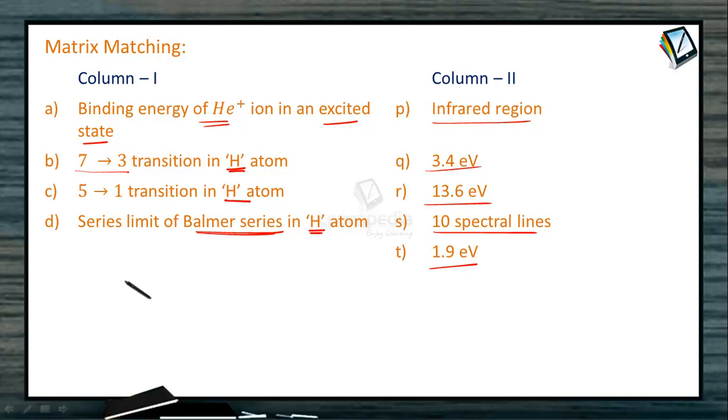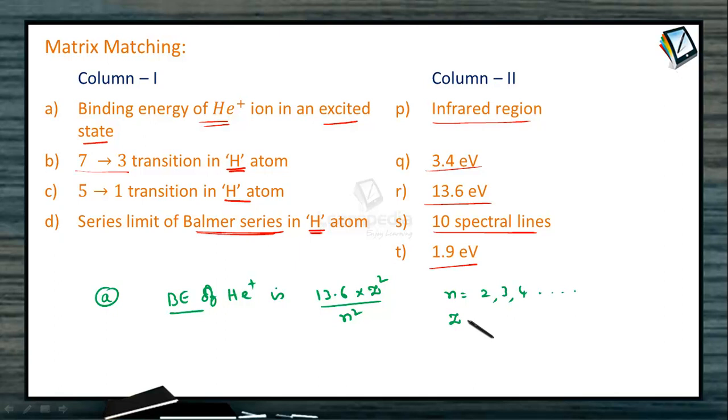So let us take option A, binding energy of helium ion. The binding energy is given by 13.6 into Z square by N square. Binding energy of helium ion in an excited state is mentioned, so N is the excited state; we need to go for 2, 3, 4 and so on.